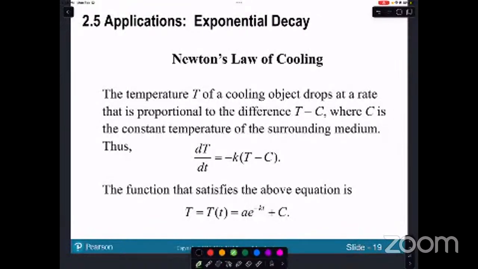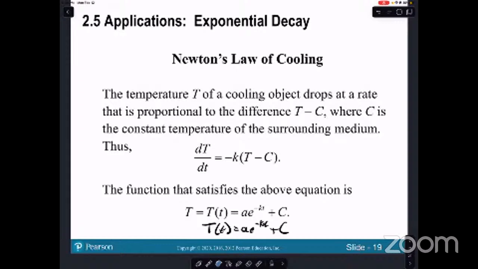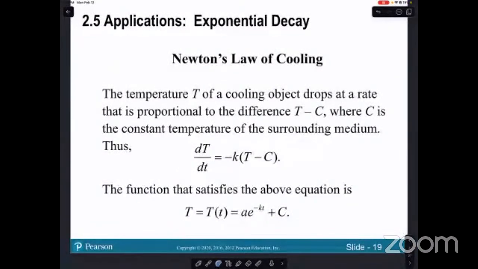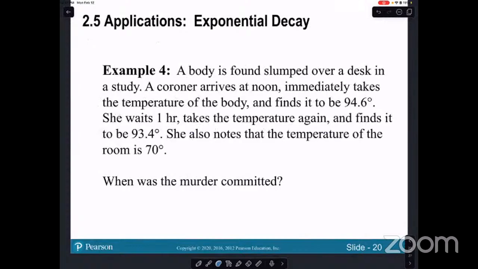Okay, so we have this T of t equals A e to the negative kt plus C. That's fine. Let me paste. Come on. I'm going to pull this other one as well, if I can get it to work. All right, I'm going to try unplugging it. Part of the reason it's throwing a tantrum is because I'm charging it and it's not as responsive.